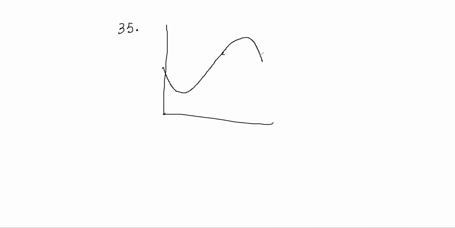Let's take a look at problem 35. Oops, the wrong kind of graph. So we have all of these points, and we're trying to find where both dy/dx and d squared y/dx squared are positive.